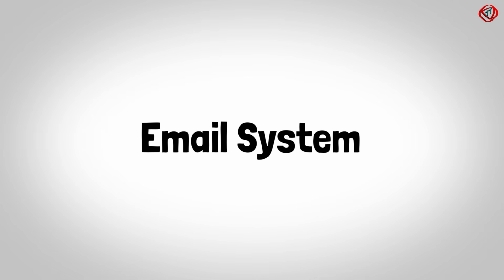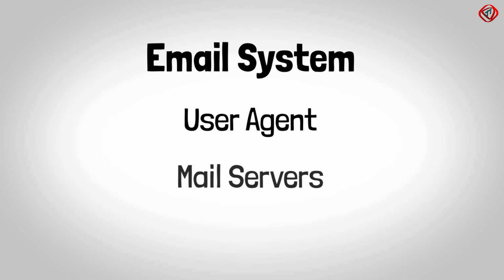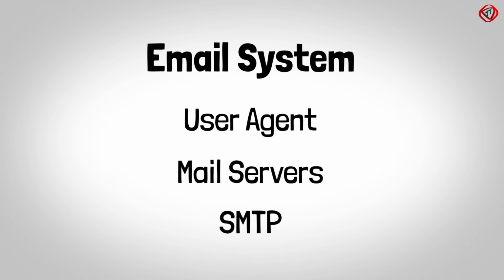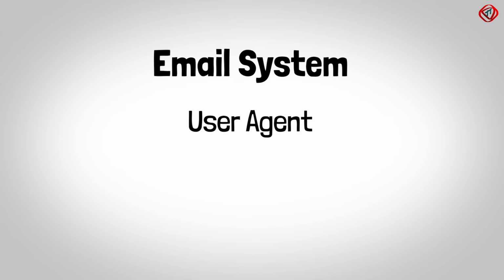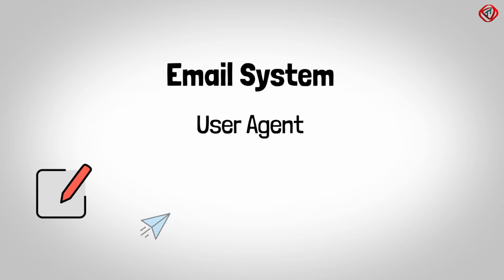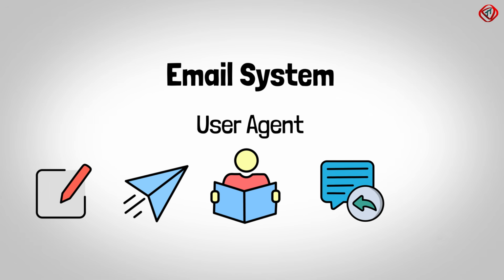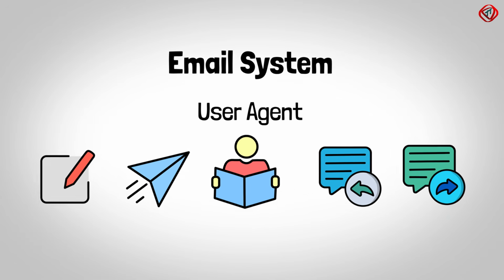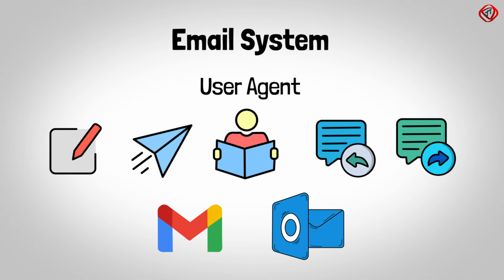Now let's take a closer look at the email system. The email system consists of three main components: user agent, mail servers, and SMTP or Simple Mail Transfer Protocol. A user agent is the application that allows users to compose, send, read, reply to, and forward emails, for example, Outlook and Gmail.